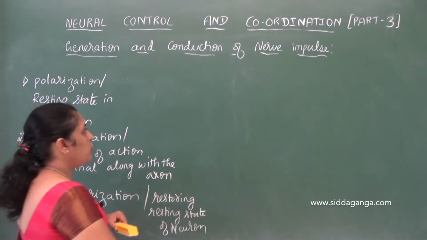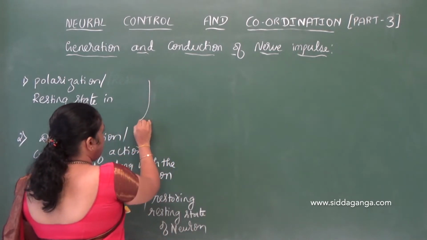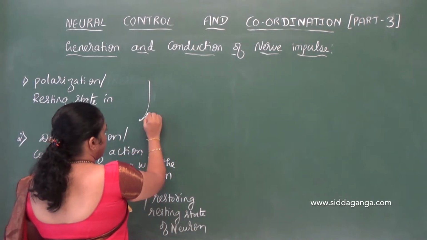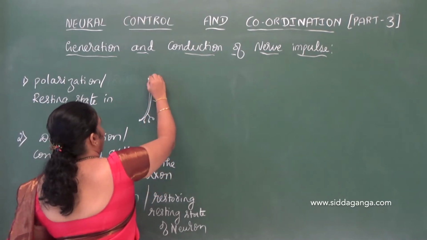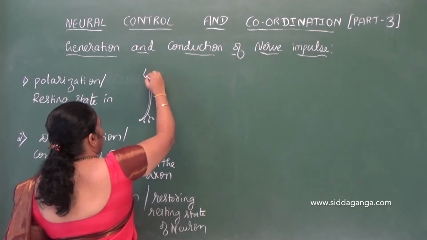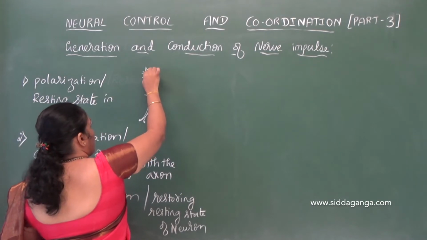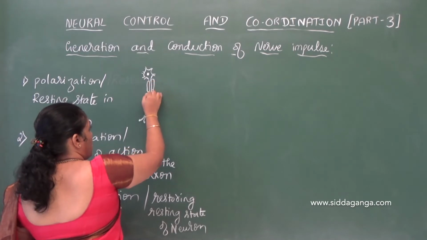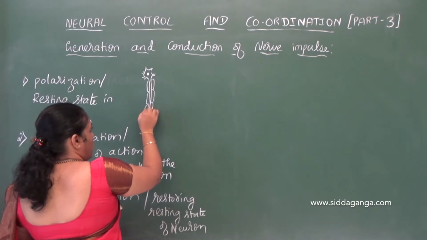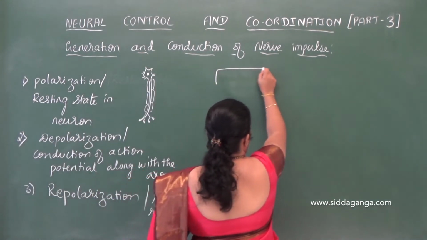Understood? So here we know that this is the axon, cell body, so what I am writing here is the axon part.